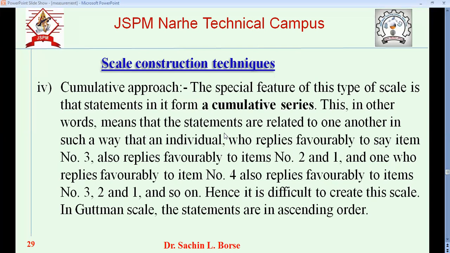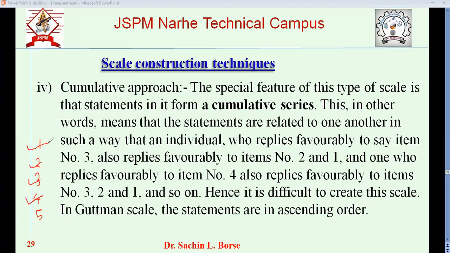Suppose there are 5 questions, 1, 2, 3, 4, 5. If the respondent says that statement number 4 is correct, it means that statements 3, 2, and 1 are also correct. Please understand.